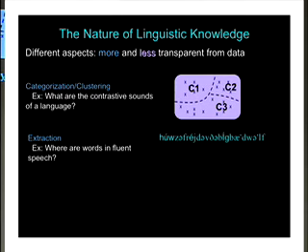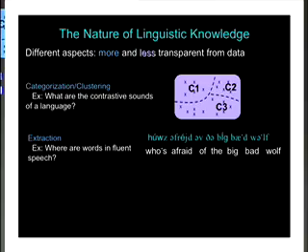Another more transparent task, one of the kinds of knowledge you may wish to transmit, is: what are the words in your language? So you get a stream of sound, and this is phonetically transcribed speech. Your job as a child, as a speaker of the language, is to figure out what the words are. So your job is to break this up, to extract the various words.